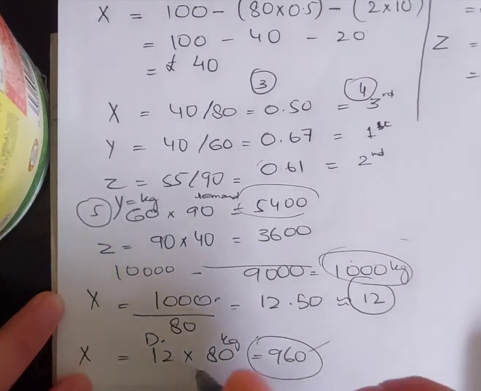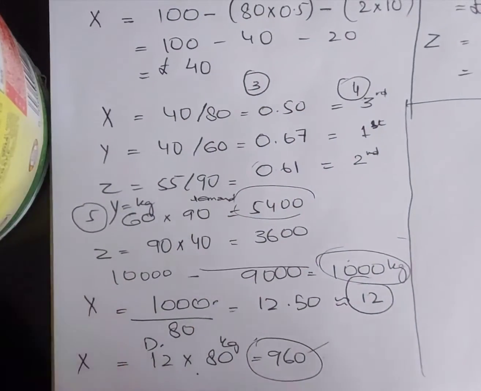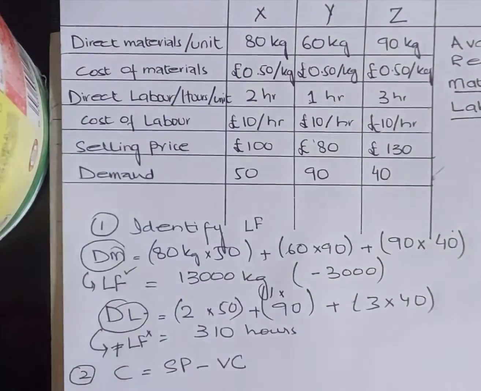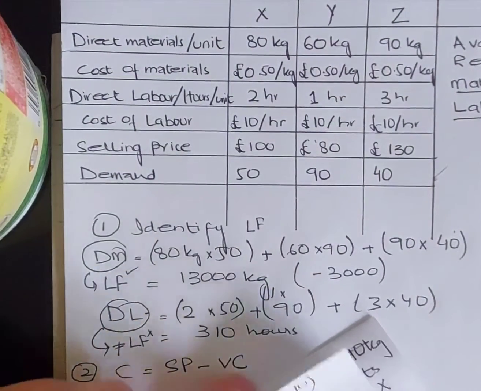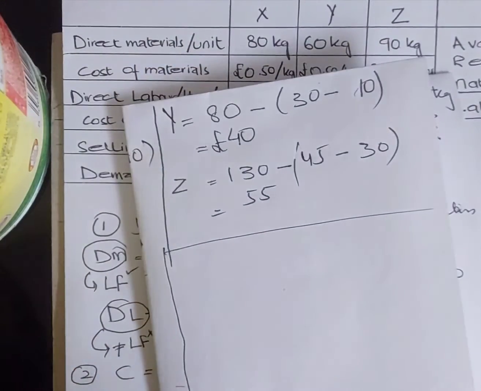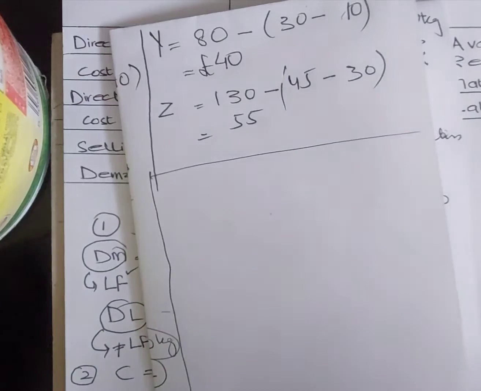Okay, now there is another question in which we have to work out the shadow price. Now you have to assume that additional materials could now be obtained.